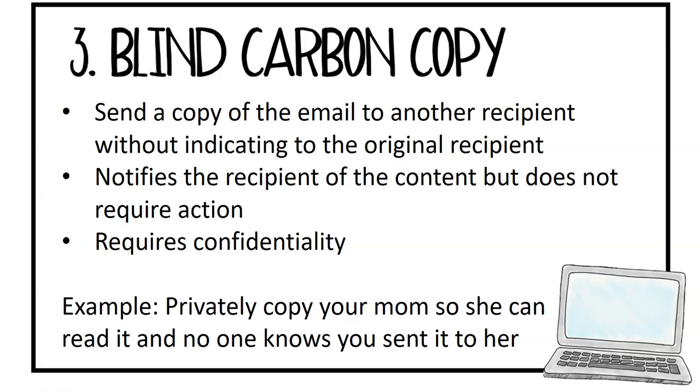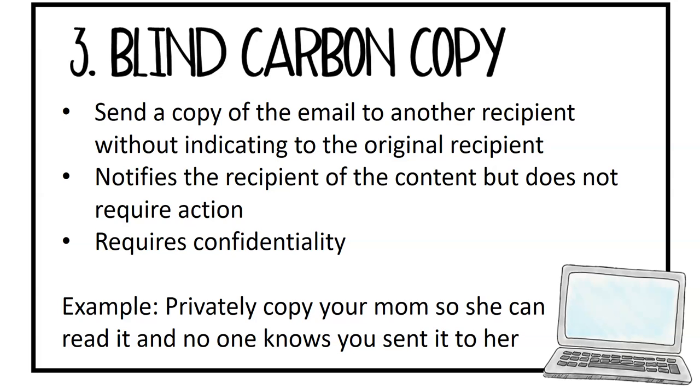So right underneath CC is BCC. Okay, and what that is, it's a blind carbon copy. So right before, we talked about carbon copy is you're sending it to someone that you want to see it, but they don't have to respond necessarily. Well, this is the same concept, except the person that you're sending it to can't see who you've carbon copied on. Okay, so before I saw that Mr. Norman was on there, but now you're going to send it to your mom because you want her to read it, but I won't know that you've sent it to her.